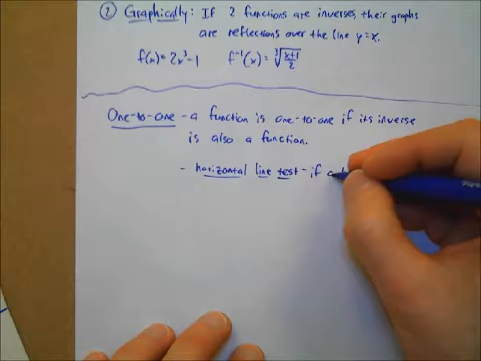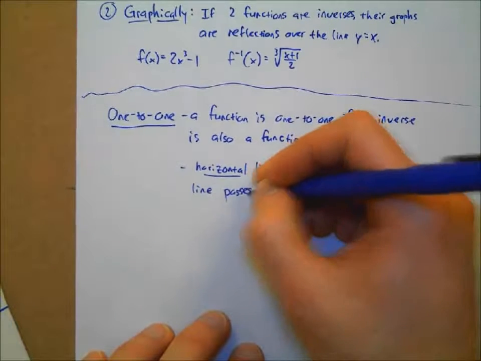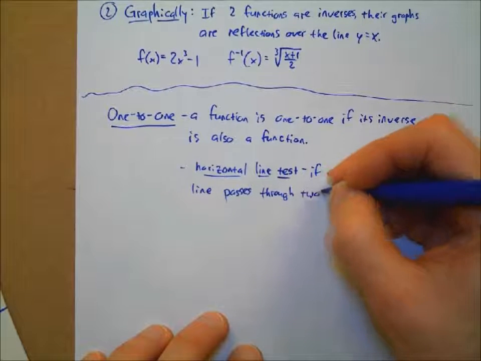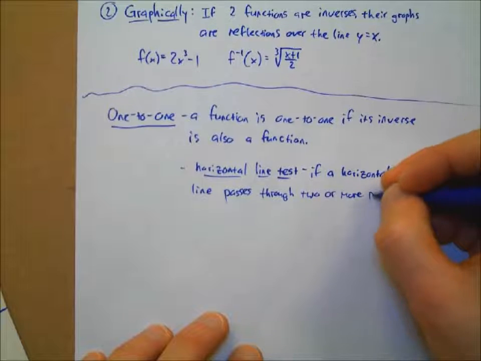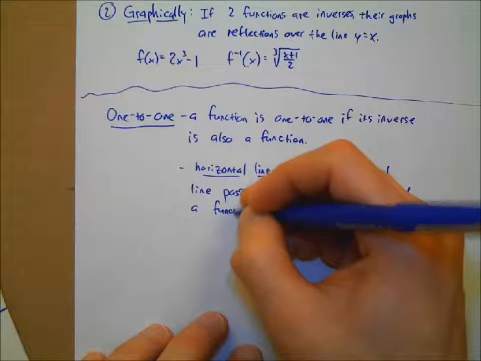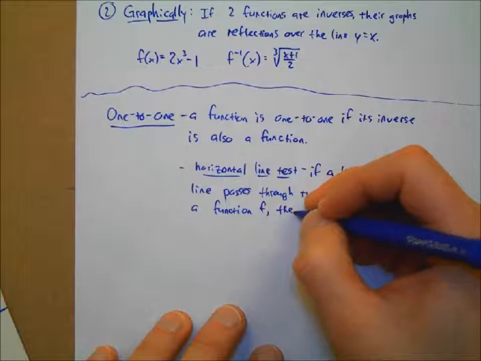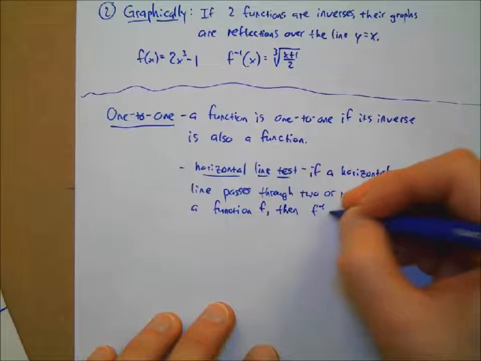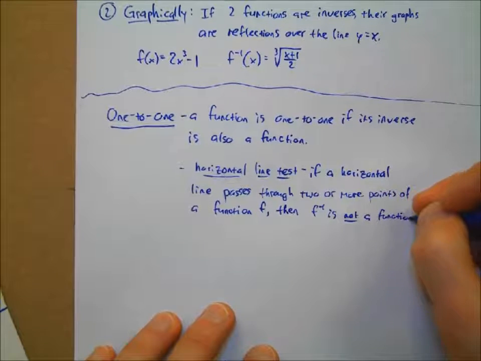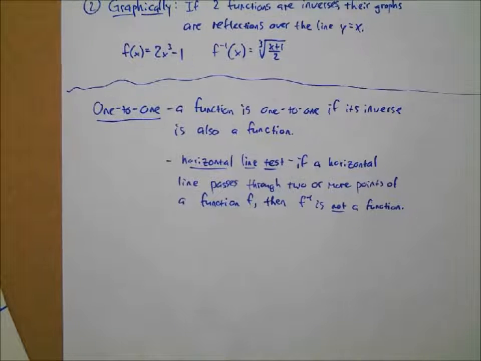If a horizontal line passes through two or more points of a function f, then f inverse is not a function.